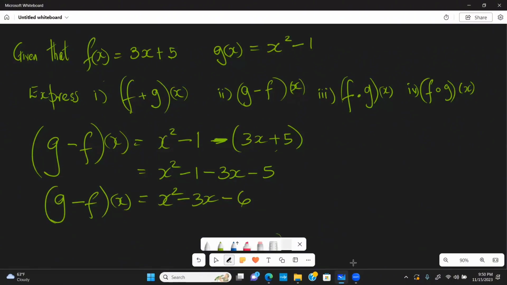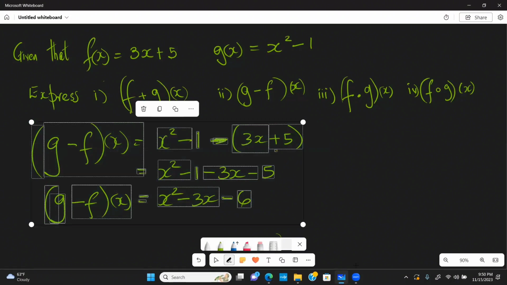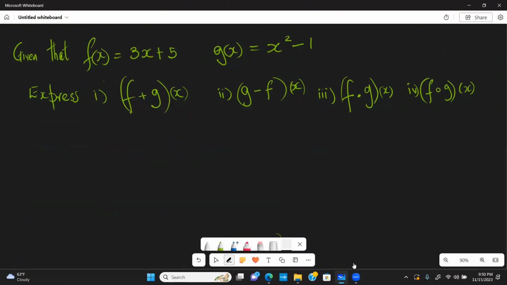Let's go for another one. All right, so I want to look at expressing f dot g of x.